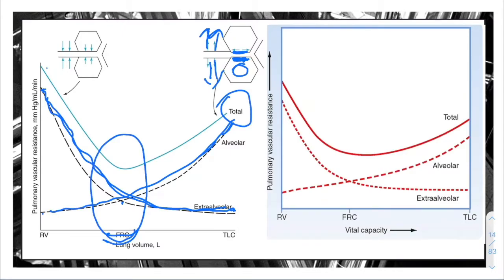Remember, this is where you have your tidal breathing, right? So at TLC, the alveolar vessels contribute much more to your total vascular resistance compared with your extra-alveolar vessels.